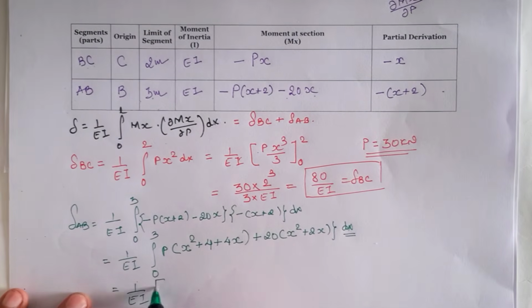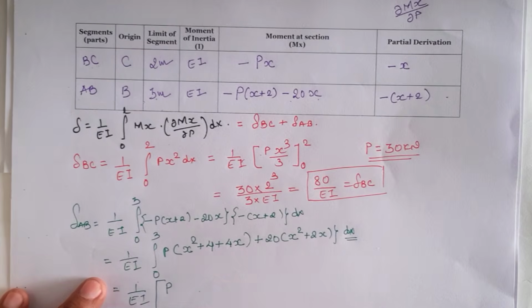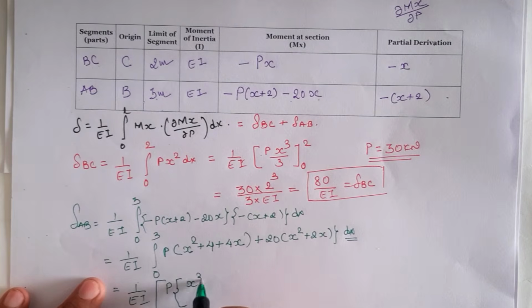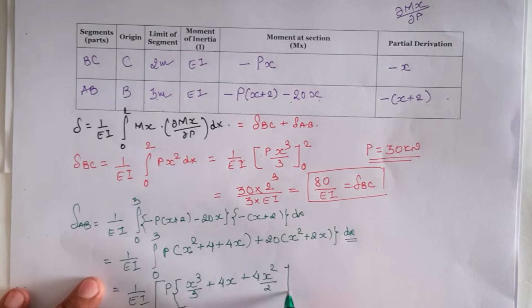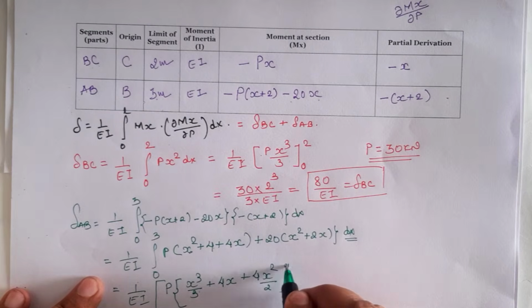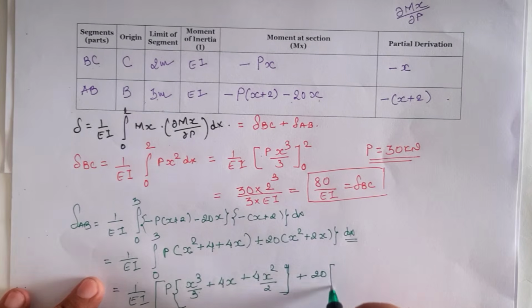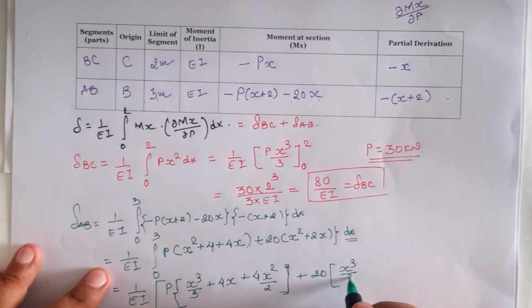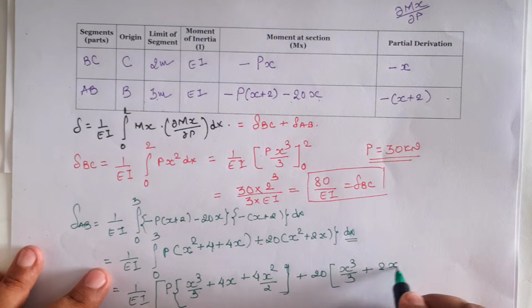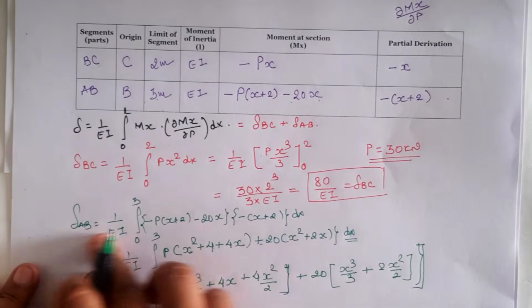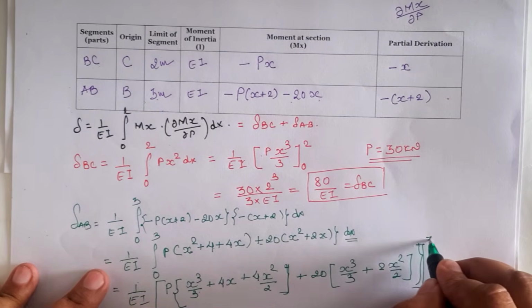Now 1 by EI, with P as a constant value. Integration of x square is x cube by 3, 4 is 4x, 4x is 4 x square by 2, and the limit is 0 to 3, while the second term is plus 20 times the integration of x square as x cube by 3 plus 2x as 2 x square by 2, and the limit for the entire AB segment is 0 to 3.